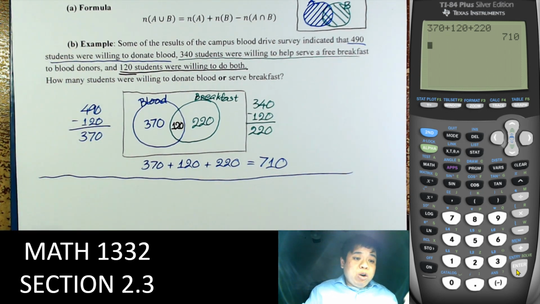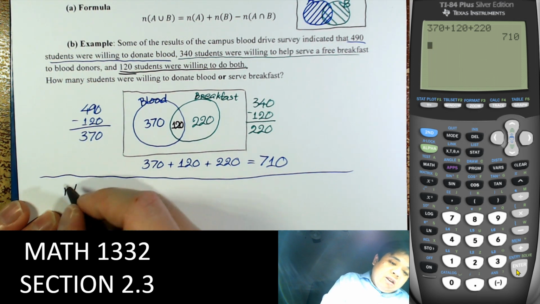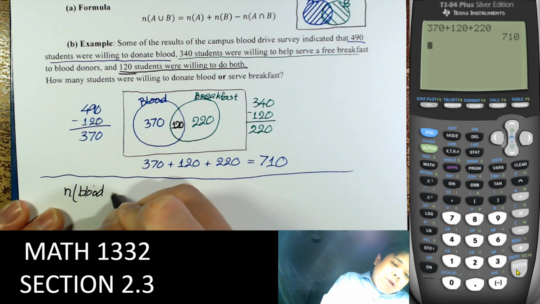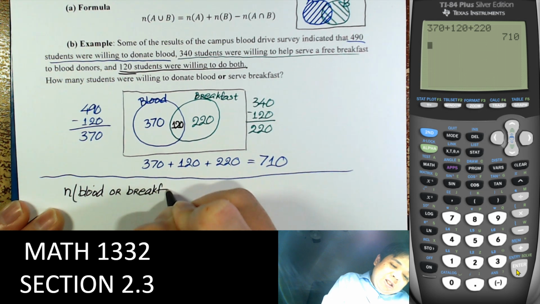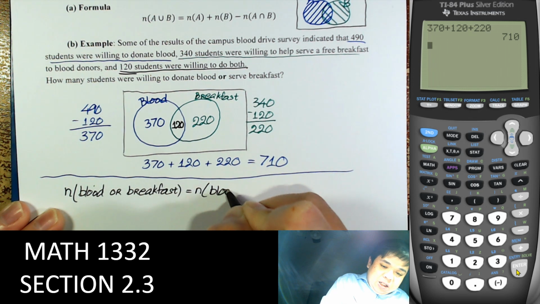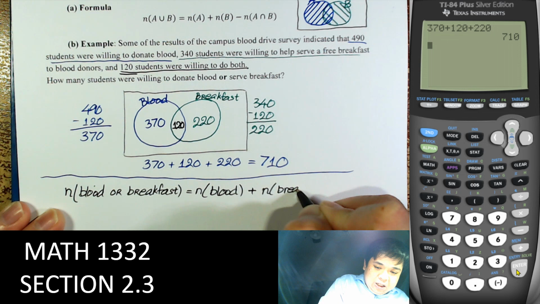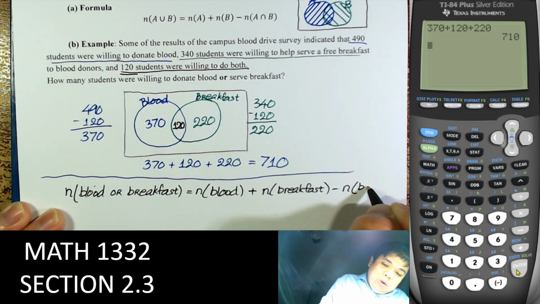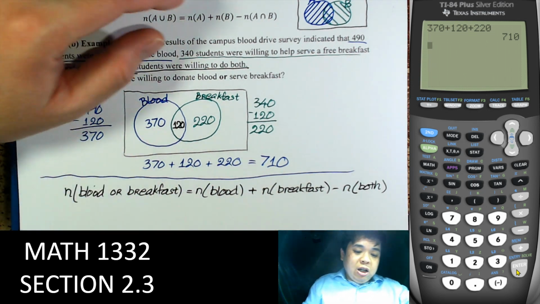If we don't want to use that, just use the formula. We have N of donate blood or serve breakfast is equal to N of blood plus N of breakfast minus the number that are willing to do both. This will overlap, we calculate it 2 times, so we have to subtract from this.